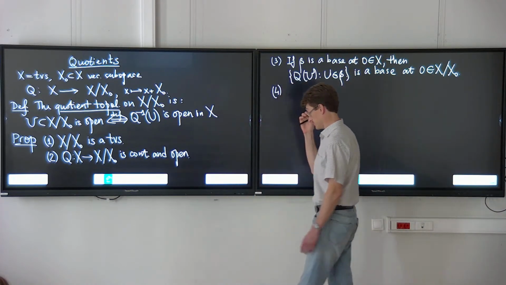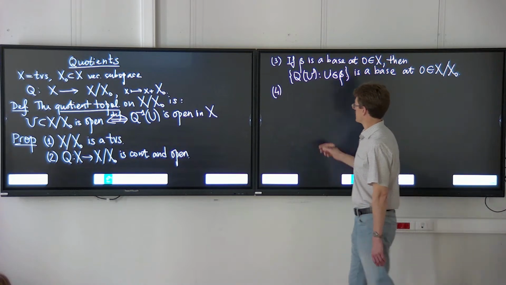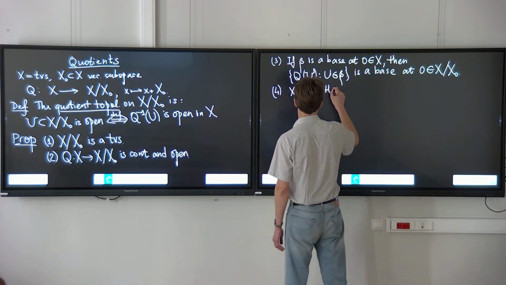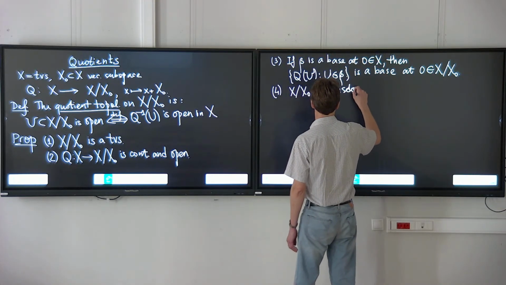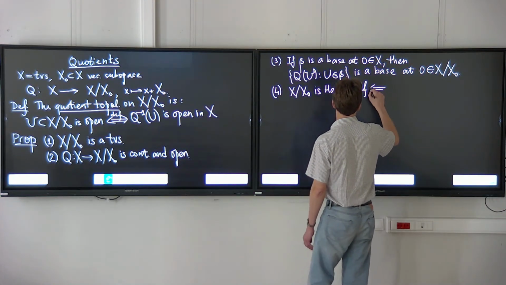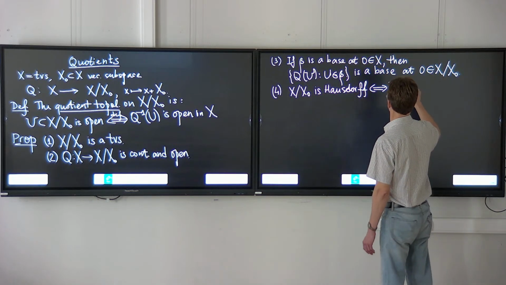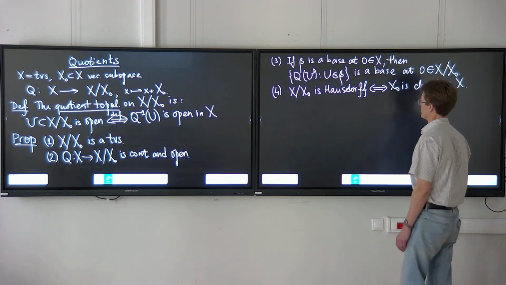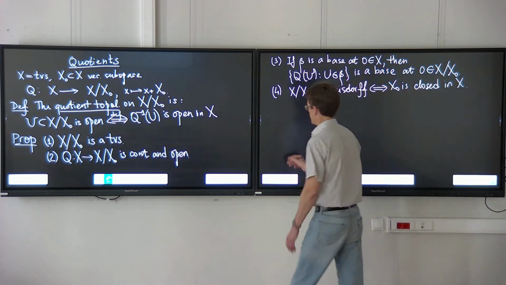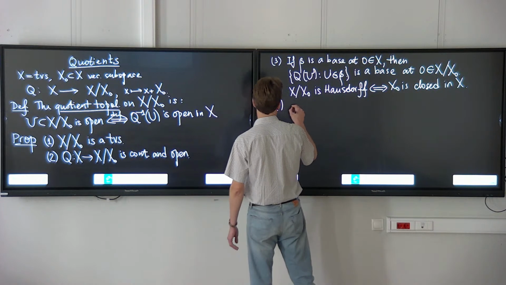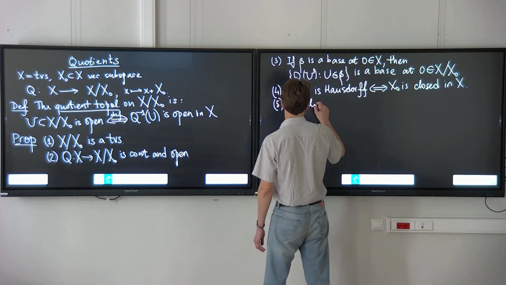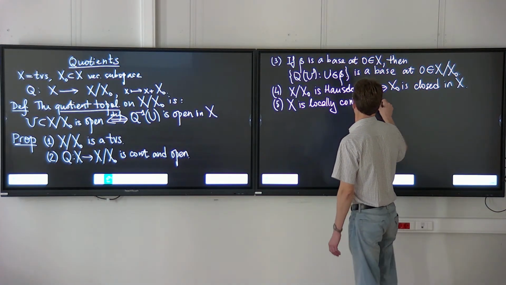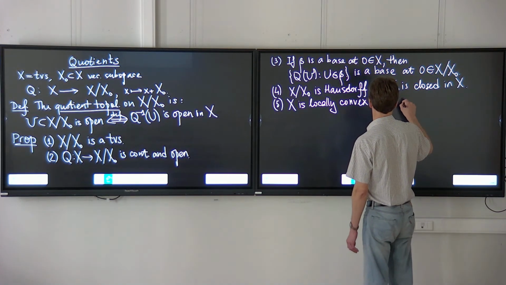Property 4: the quotient of X modulo X0 is Hausdorff if and only if X0 is closed in X. And finally, 5: if X is locally convex, then so is the quotient.